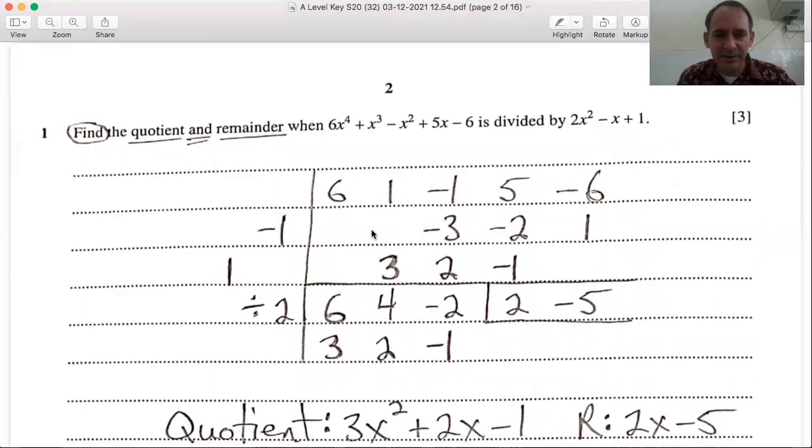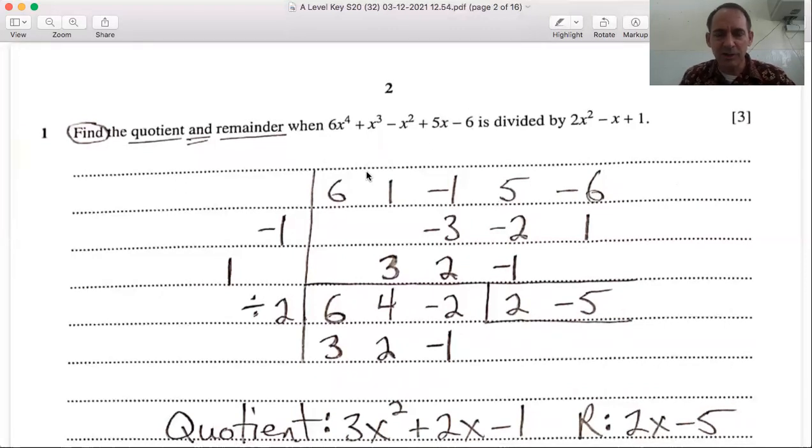Basically, other than some simple procedure things, it boils down to place value. So here we have x to the fourth, that's our quartic place value. Here's our cubic, here's our quadratic, here's our linear, here's our constant.